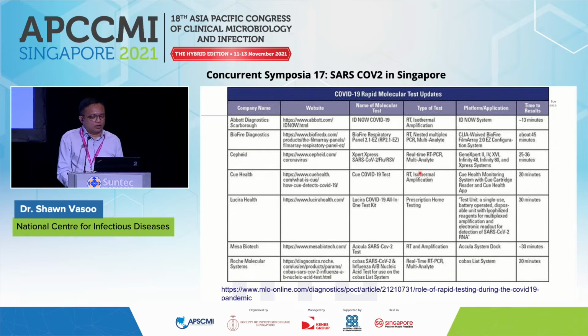For example, the Abbott kit, I think when it was rolled out subsequently, the sensitivity was not as high as expected. It was in the 80s. But there are others which still need to be used in a lab setting because they are complex tests, but some, for example, the Lucira Health test and some other systems like the LIAT test, can be used actually almost at point of care.